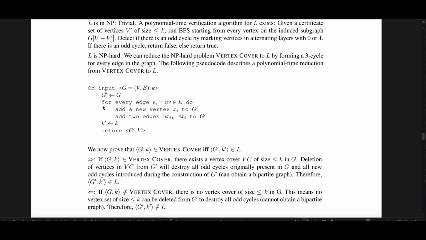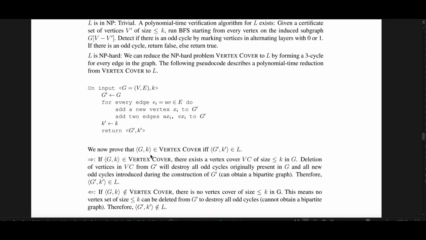On input G = (V, E), G+ is given by G. For every edge e_i = (u, v) in E, do the following: add a new vertex x_i to G+, add 2 edges (u, x_i), (v, x_i) to G+, and k+ is given by k. Return the pair (G+, k+).